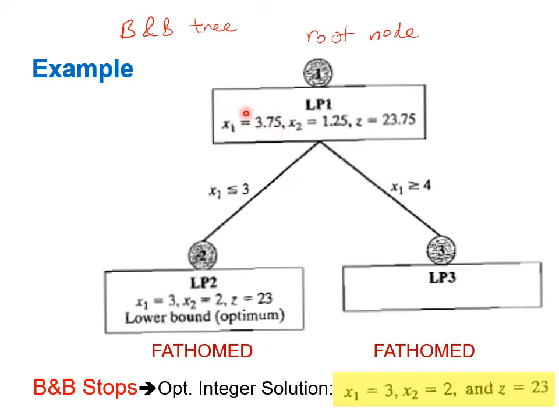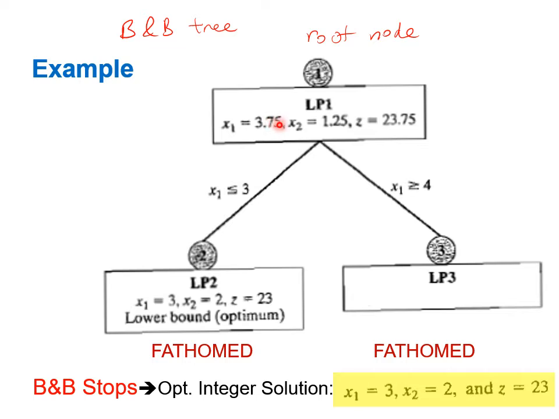Since it is enough if only one of x1 and x2 is not integer, we should branch and concentrate on that non-integer value. Here x1 is 3.75, so it cannot take a decimal value, it should be integer, but the best is 3.75.